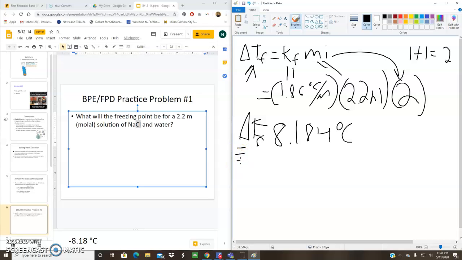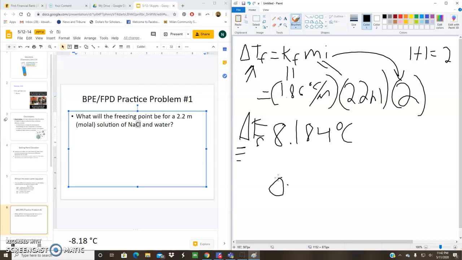So, for this, all we gotta do is we take the original freezing point of water, which is 0. Now, we need to see, are we going down with this number, or is the change going to be a negative or a positive? For the freezing point depression, it's going to go down.